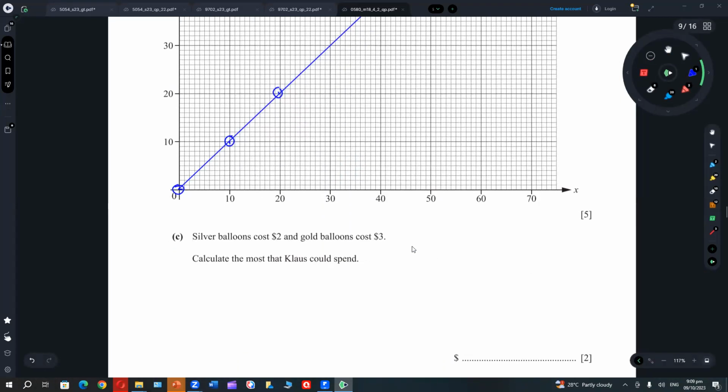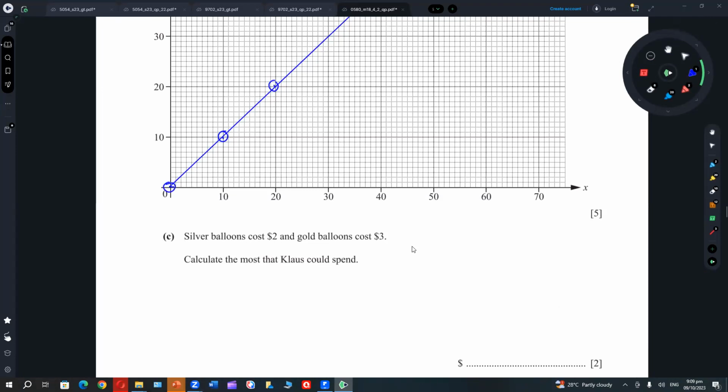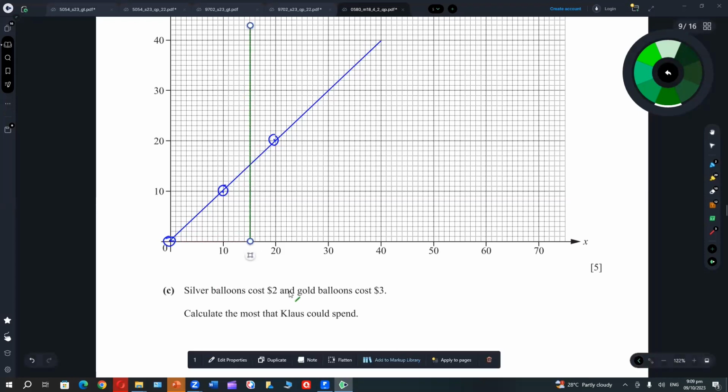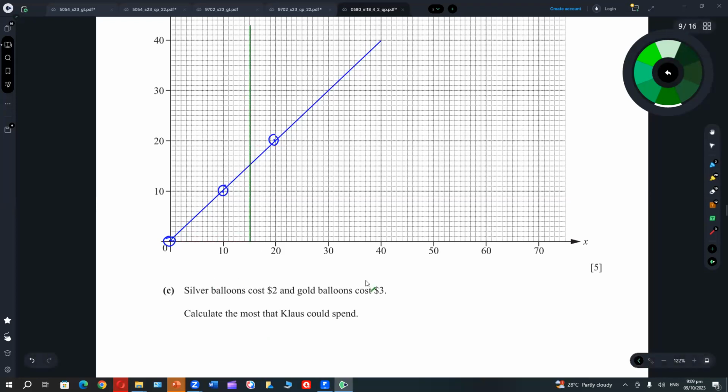It should be a straight vertical line, here. Remember, when an equation says only X, it is parallel to the y-axis. When an equation says only Y, it's parallel to the x-axis. It's opposite.